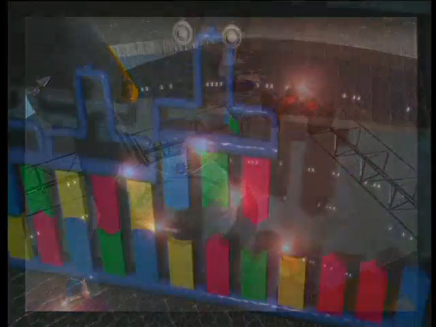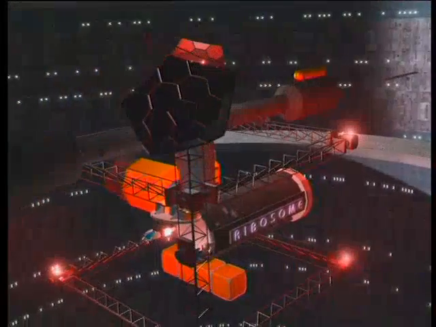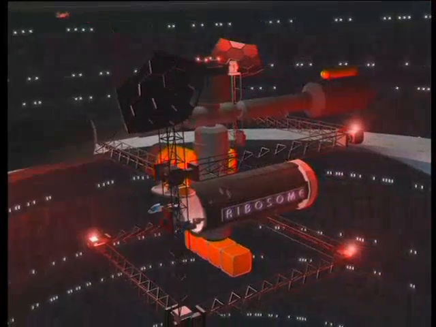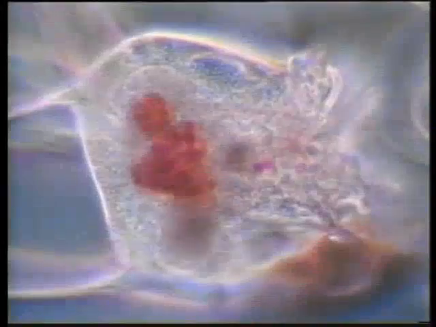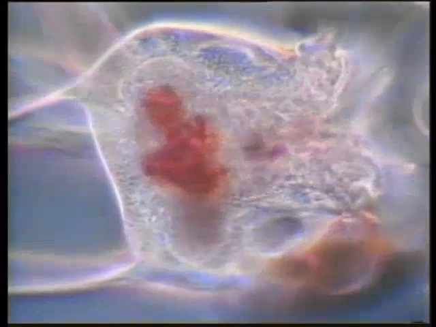The cell, which was thought to be a simple little lump of albuminous combination of carbon by the formulators of the theory of evolution, has such an extraordinary design. This magnificent system certainly could not have emerged by chance, as the theory of evolution claims.